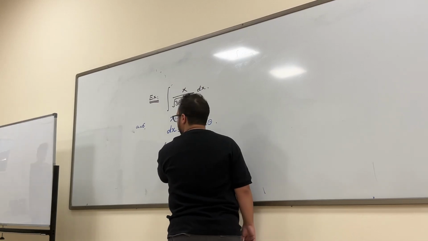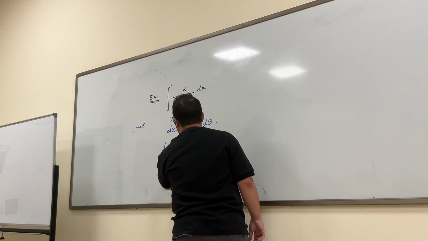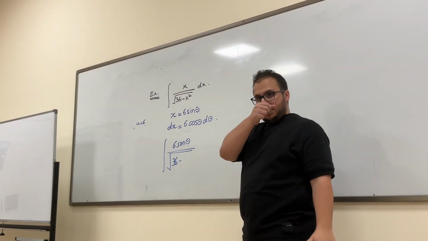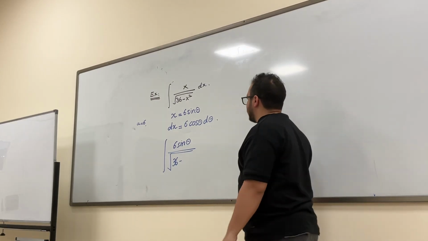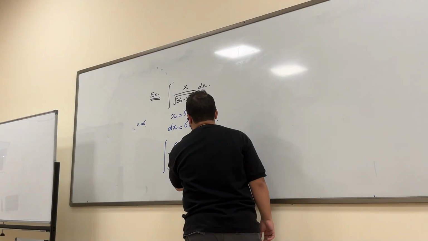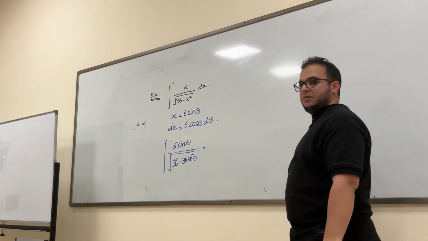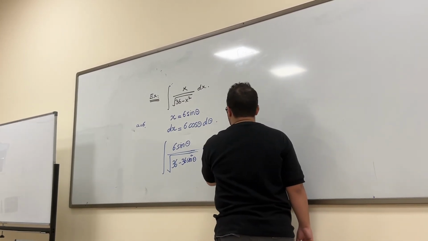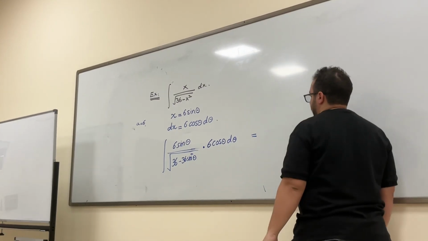So 6 sine theta divided by the square root of 36 minus x squared. What is x squared? 36 sine squared theta. What's dx? 6 cosine theta. Simplify it.